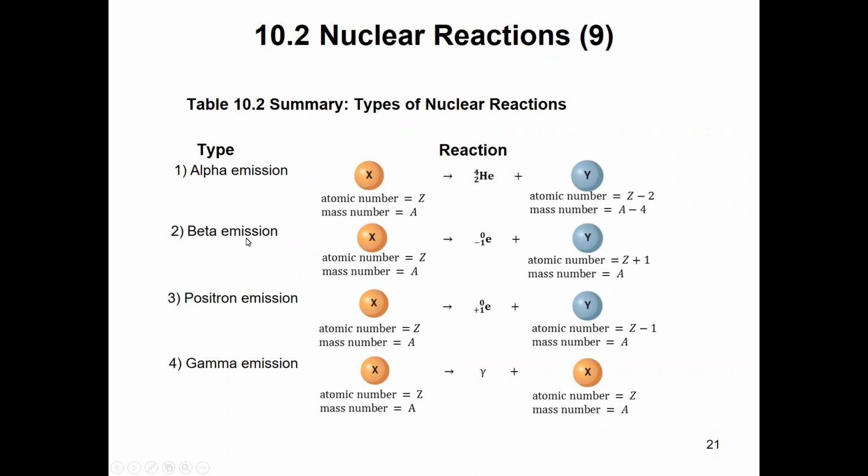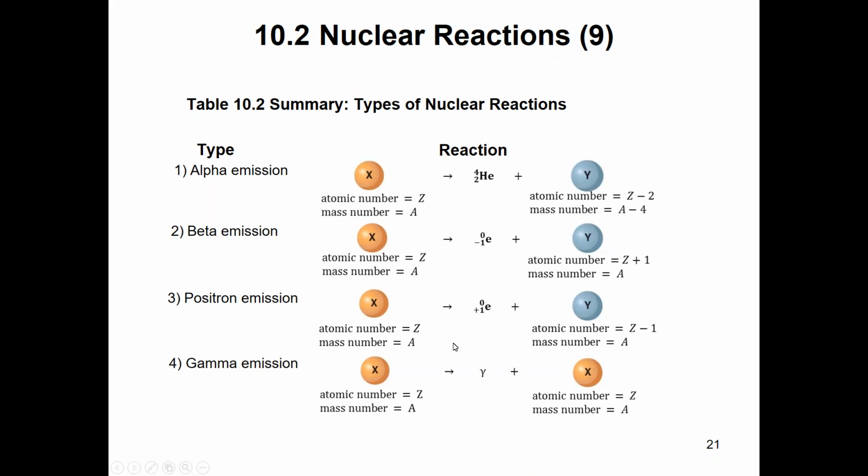In the case of beta emission, we get a high energy electron with a -1 charge and no mass number. So the new nucleus will have the same mass number, A, but the atomic number will become Z plus 1.